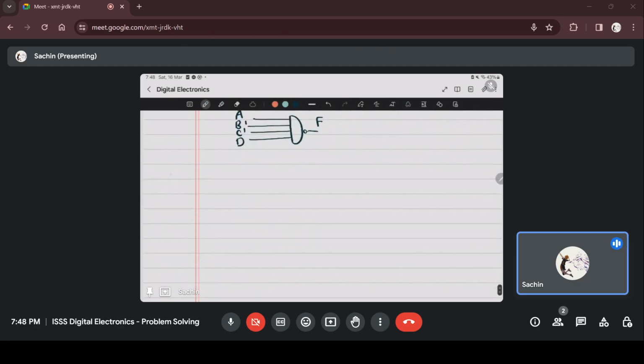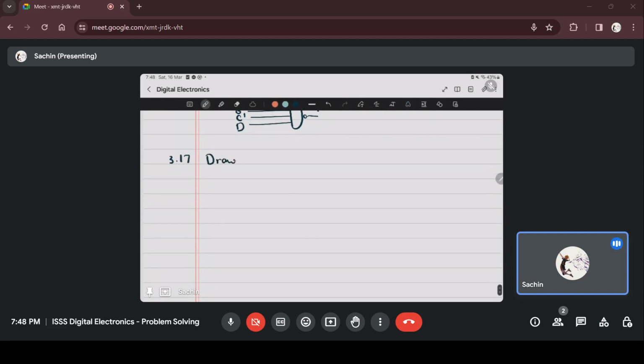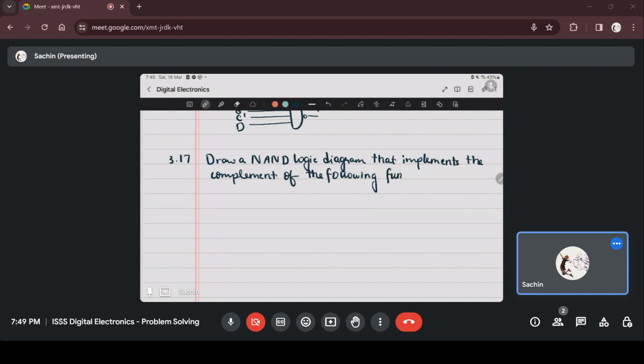Moving on to problem 3.17. Draw a NAND logic diagram that implements the complement of the following function.